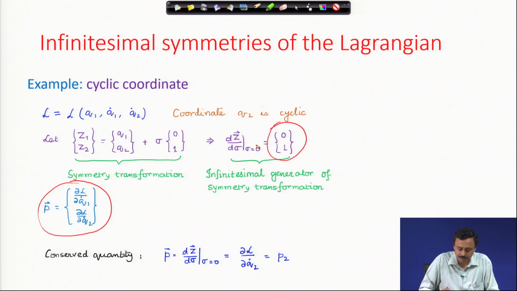So, this dot this will give you del L del q2 dot, which is nothing but the momentum conjugate to q2. This is the generalized momentum corresponding to the q2 coordinate, and that is conserved, and that we know from cyclic coordinates. We know that generalized momentum is a constant of motion.